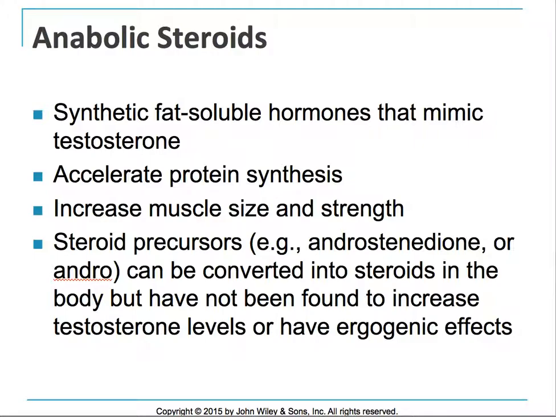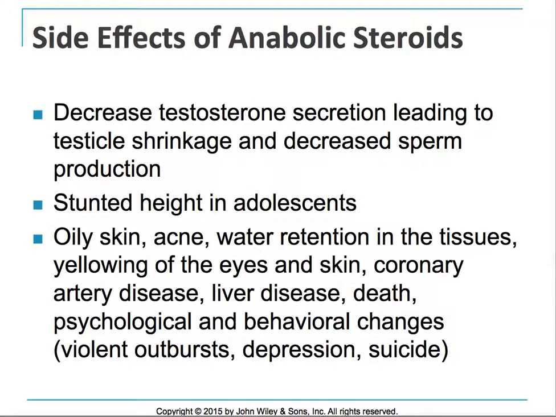The real take-home message here is that anabolic steroids work to mimic testosterone, and they do increase muscle size and strength, though they haven't been found to have any ergogenic effects. Side effects of anabolic steroids: they decrease testosterone secretion, leading to testicle shrinkage and decreased sperm production in males.